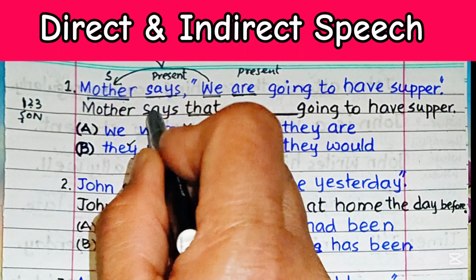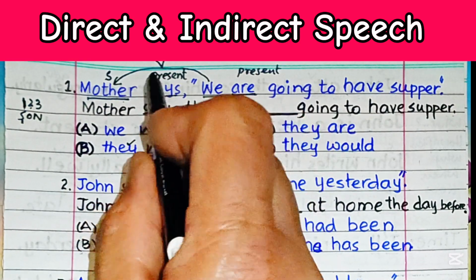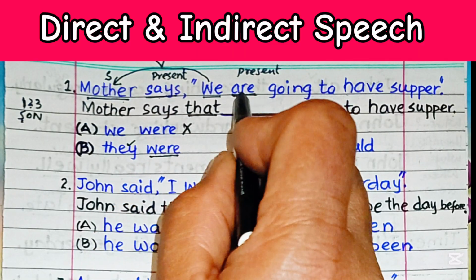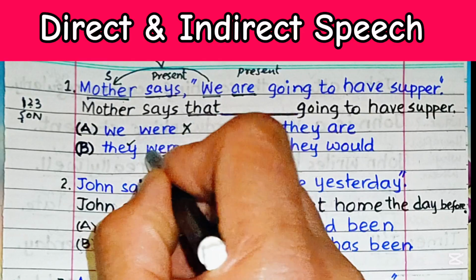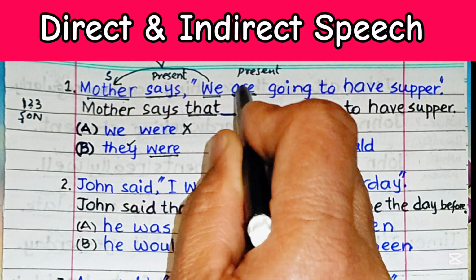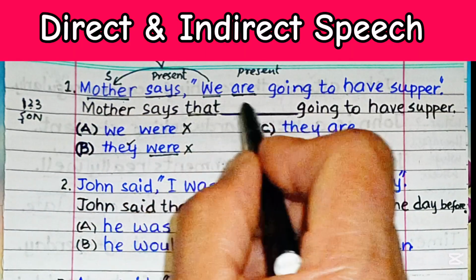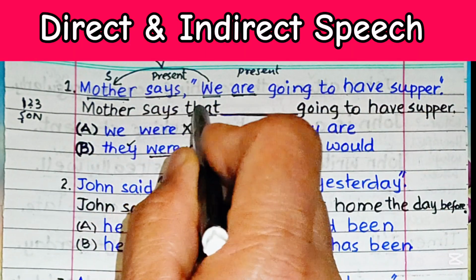So mother says that they, but this were is not correctly placed because if there is present tense in the reporting, the tense of the reported does not change. So we are not going to change it into past, it remains in the present. So this is incorrect. Then mother says that they are, and then mother says that they would.